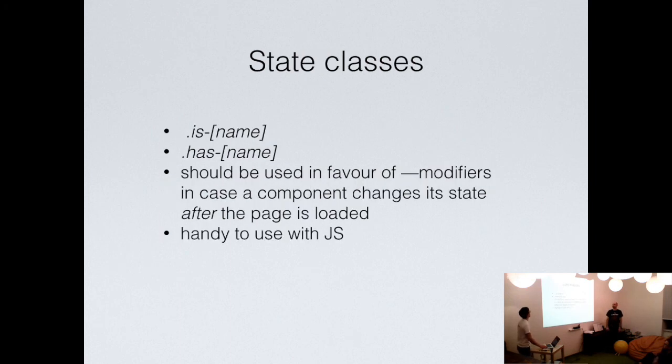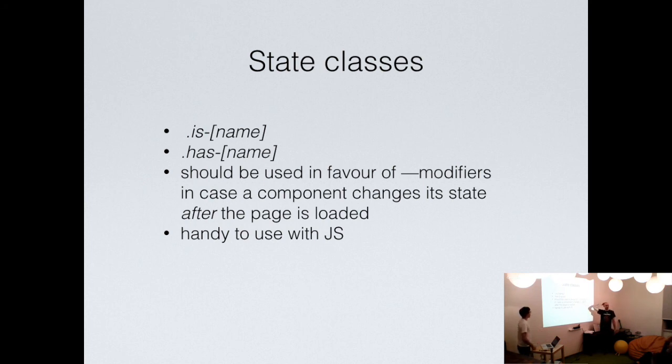Another convention is using state classes, which is also convenient with JavaScript. These are, let's say, open, has-something, and these can be used instead of modifiers or together with them, those double-dash classes that we showed before.